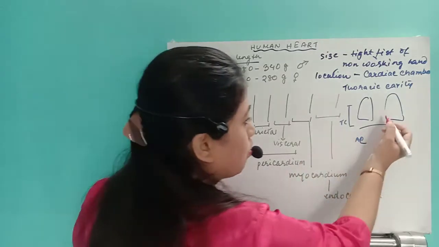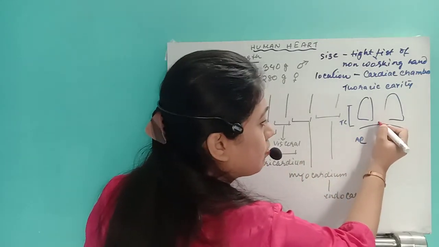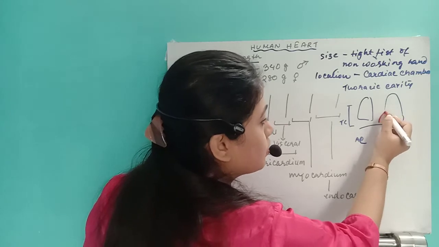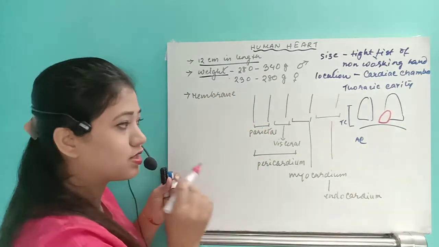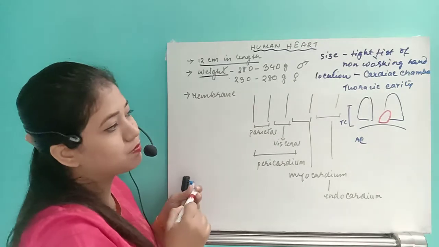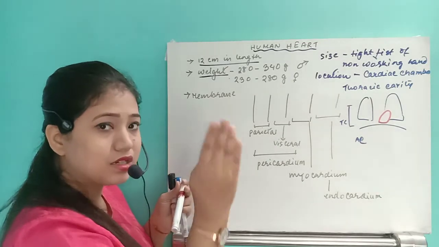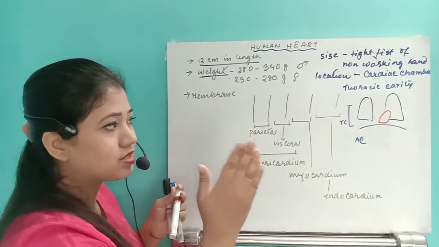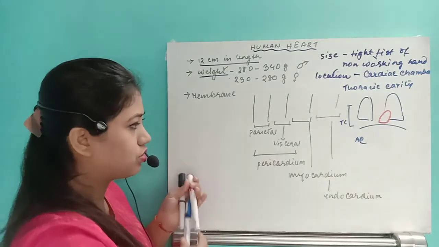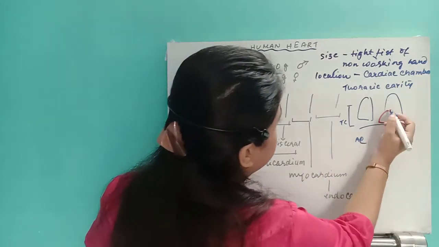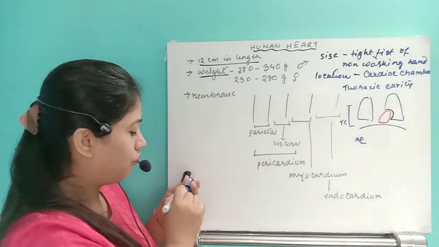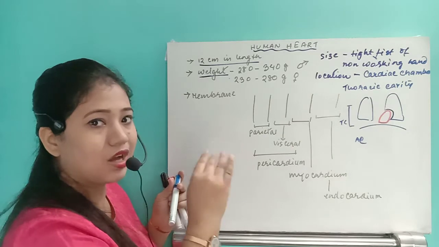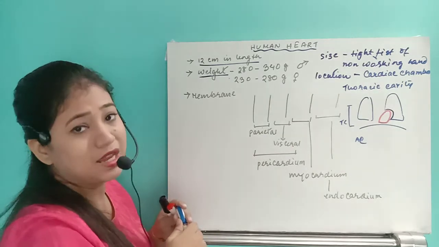It is present exactly in the middle, but tilted towards the left side. Only the tip will twist, not the whole heart. It is present in the middle, but the tip will tilt a little towards the left side.